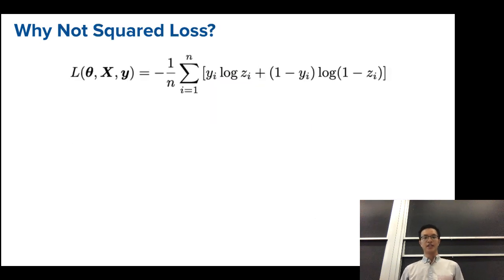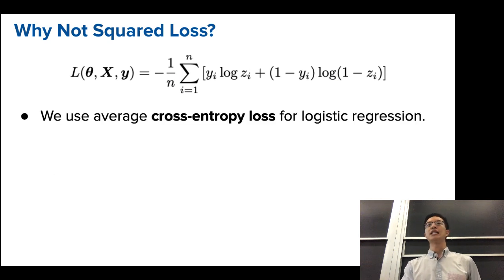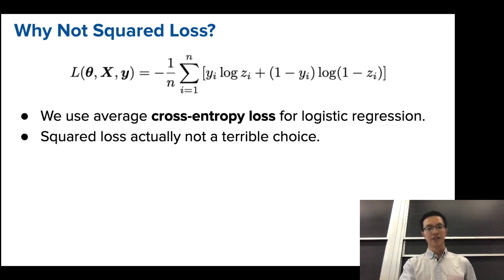All right. And I also showed you the cross-entropy loss. This is the loss that we typically use for logistic regression. But it turns out that squared loss is not actually a terrible choice. In the past, it was used quite often, and it's still used from time to time today. Although in this class and in the classifiers that you'll probably see in the real world, almost all of them will use the cross-entropy loss.